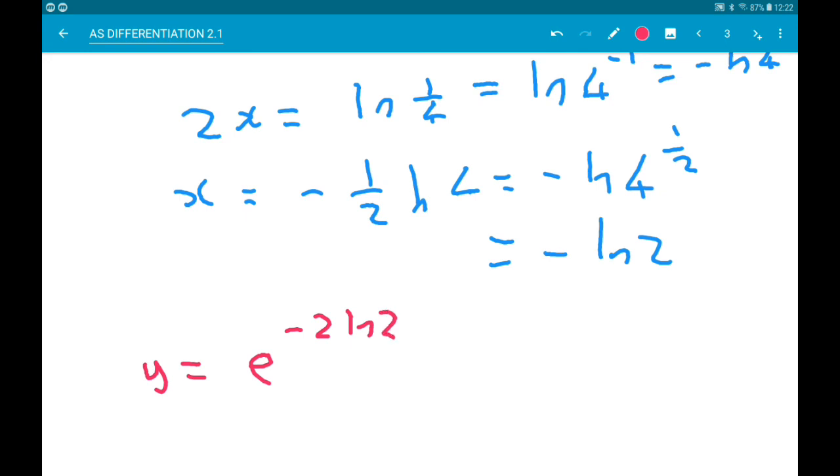Now, if we sharpen up the log, we can have that as e to the minus ln of 2 squared, so e to the minus ln 4.